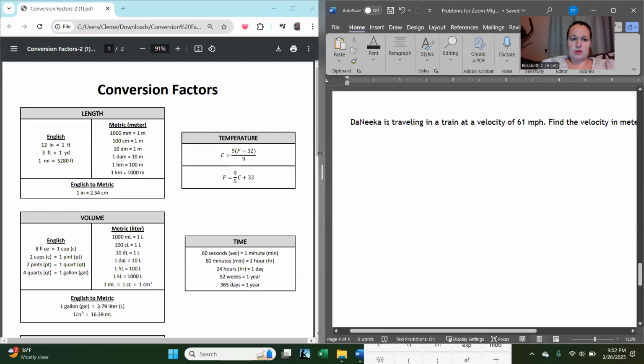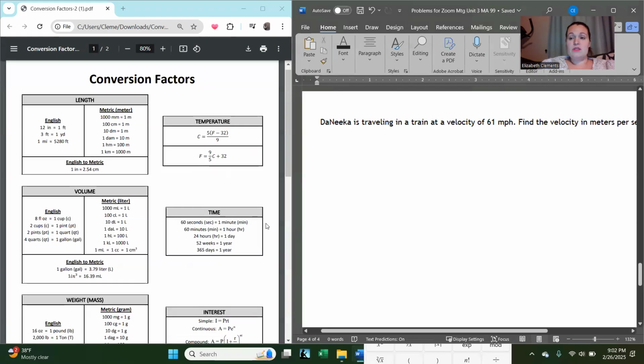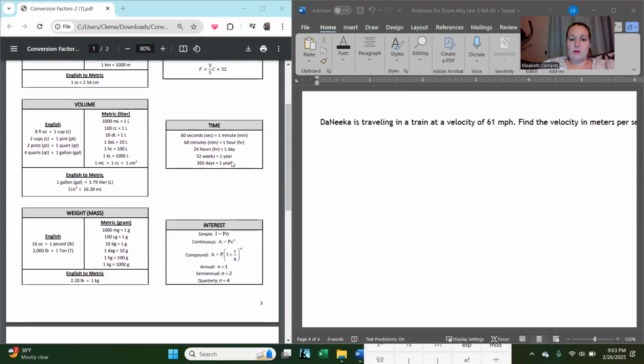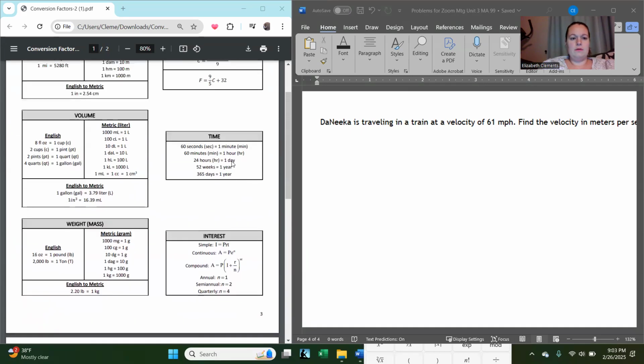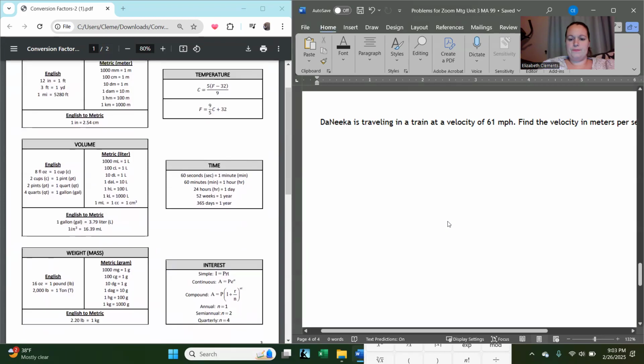Here's a conversion chart, so you can use this on your test. That means you need to have it printed out and you need to show me in your video that you have your conversion chart. It's double-sided, formulas here and your conversions here.